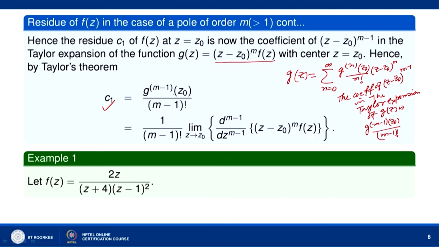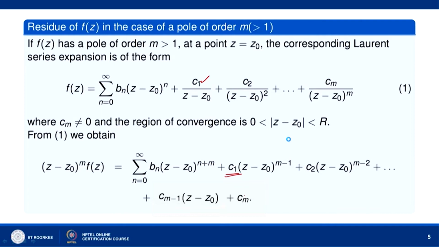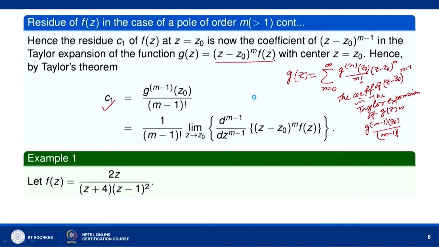Now, g(z) is (z minus z naught) to the power m into f(z). This is the (m minus 1)th derivative of g(z). We are writing limit z tends to z naught because f(z) has a pole at z equal to z naught of order m. So, f(z) is of this form, where z minus z naught occurs in the denominator, and we are multiplying by (z minus z naught) to the power m.